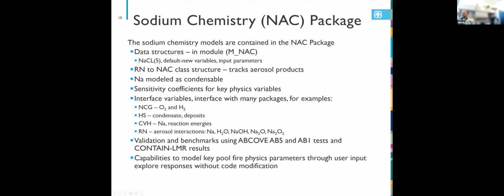Like I said, we can use user input to explore the responses without code modification. So we can do it explicitly in the input to see if the model works before we actually hardwire it into the code. Because when you put it in the code, there are a number of things you have to do to make sure of vigorous testing and development testing. This way we can test whether the model really is what we want, and then we implement it hardwired into the code.